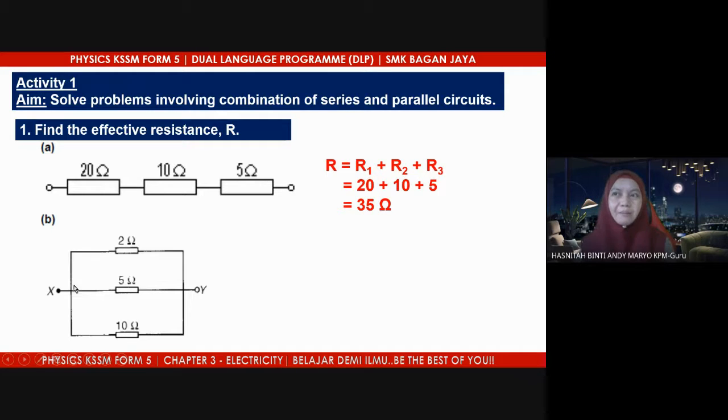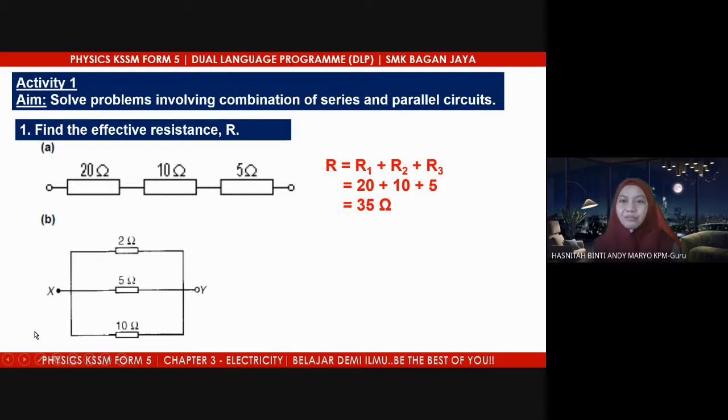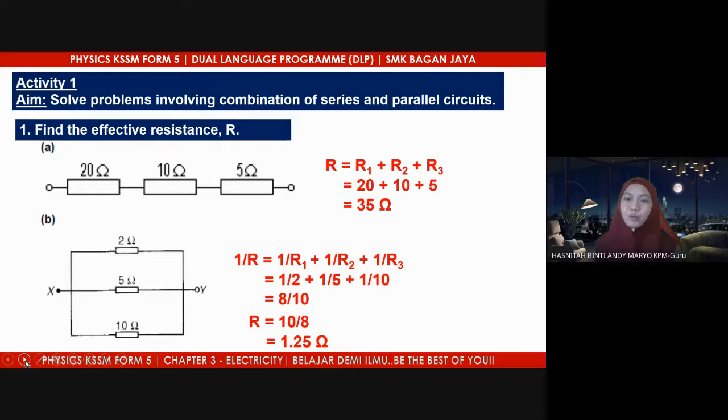How about B? What kind of circuit is there? Parallel. Okay, how to find? Sebastian, 1.25. Oh, very fast. So for parallel, how do you calculate? Reciprocal of R1 plus reciprocal of R2 plus reciprocal of R3. So what do you get? Yes, 1.25.